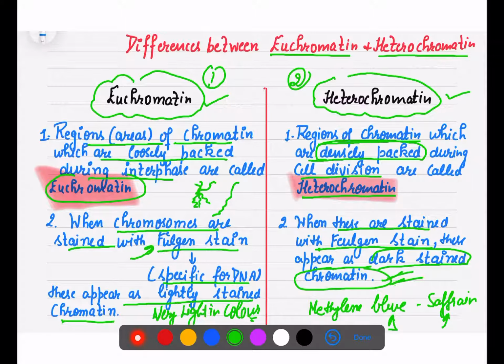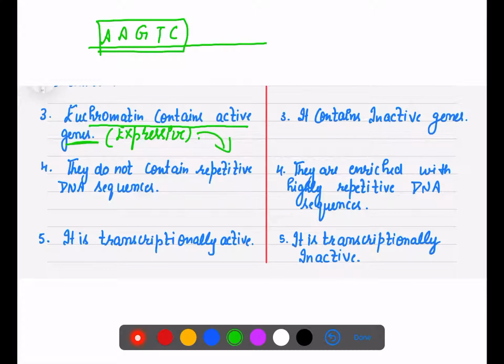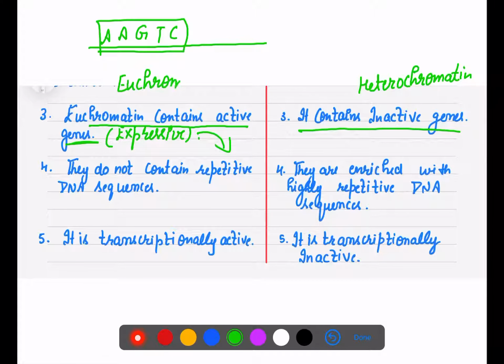Now euchromatin contains active genes. Suppose this is your chromatin thread, and there are sequences like AAGTC. These are active or expressive gene sequences which are going to express further. But heterochromatin contains inactive genes, meaning sequences are present, but it is not compulsory that they will express.